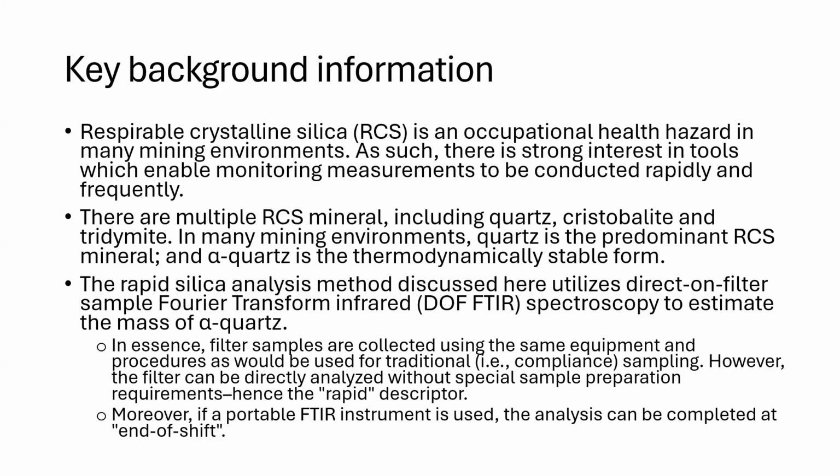However, the filter can be directly analyzed without special sample preparation requirements, hence the rapid descriptor. Moreover, if a portable FTIR instrument is used, the analysis can be completed at end of shift.